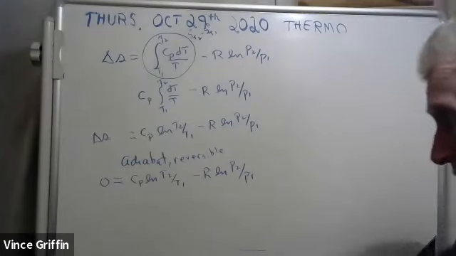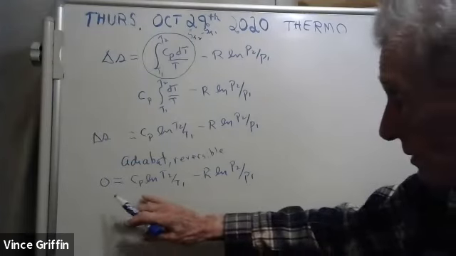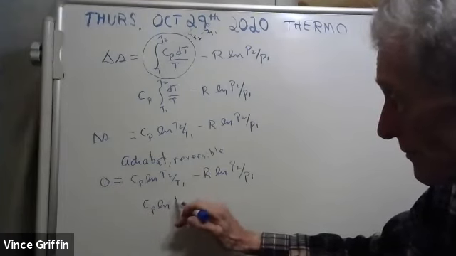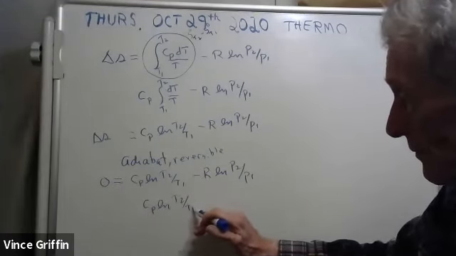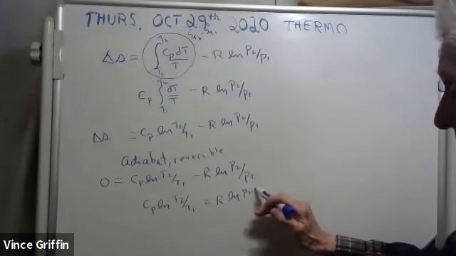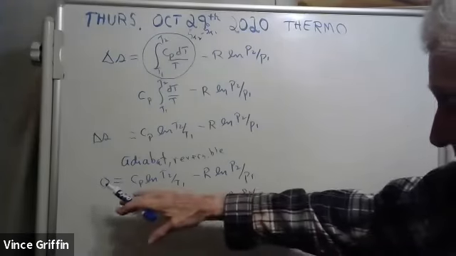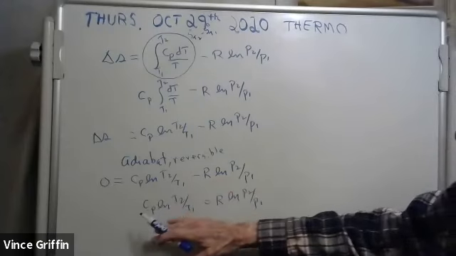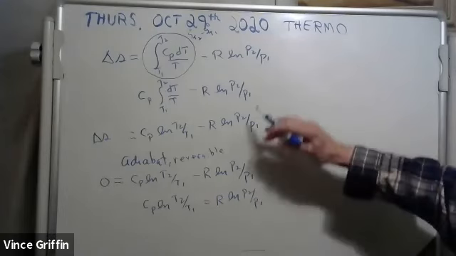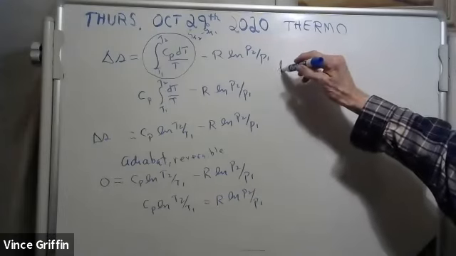And you get this, and from this you can get some wonderful equations. Let me show you those. See if you can get from here to here. Can you make it from here to here? I bet you can. Now we're going to do another little algebra step. We're going to come up here, and I'm going to write this like this.